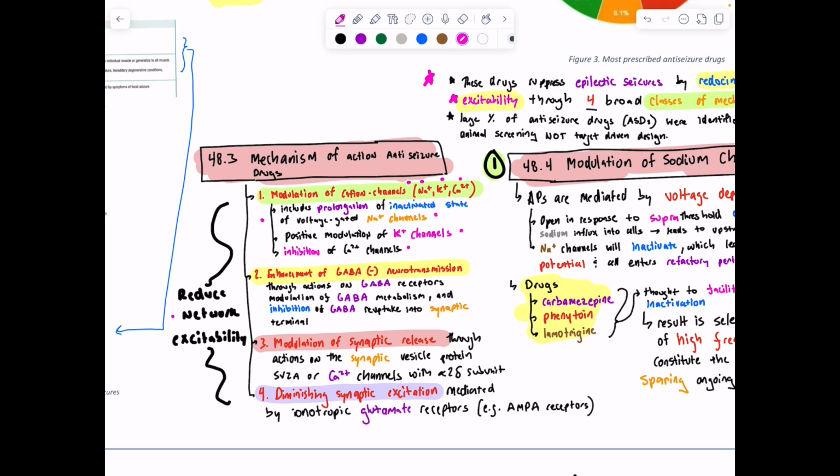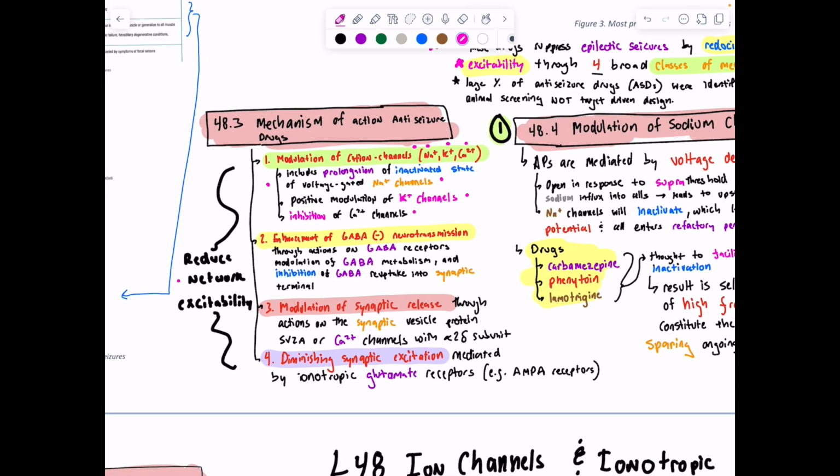The second strategy is to enhance GABA transmission. We know GABA is inhibitory, so let's make our receptors act on those, keep GABA from being broken down, keep GABA from being reuptaken. Could we just use a synthetic GABA to inhibit action potentials? The next is modulating synaptic release.